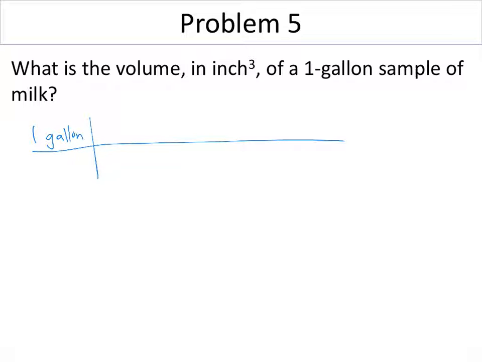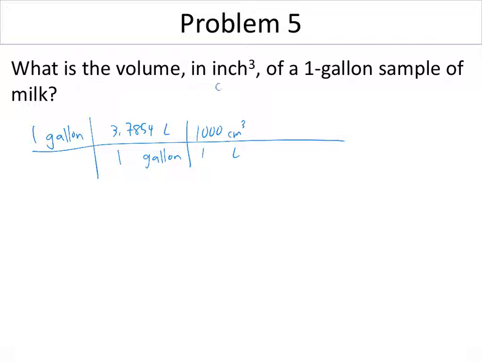But I do know, so let's think about this. Can I get the liters? Yeah, I can. I know that 1 gallon, oops, sorry, that was a little bit sloppy writing. I know that 1 gallon is 3.7854 liters. And I know that 1 liter is 1,000 centimeters cubed.